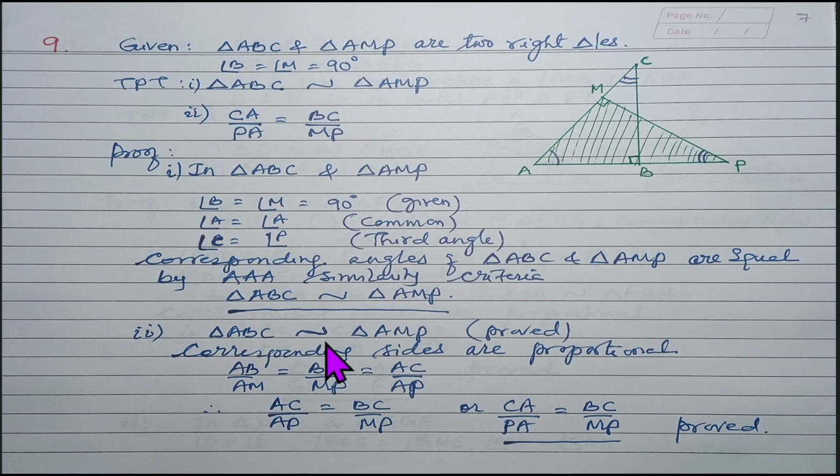Now triangle ABC is similar to triangle AMP, we have already proved here. Now corresponding sides are proportional, that means AB upon AM is equal to BC upon MP is equal to AC upon AP. Therefore AC upon AP is equal to BC upon MP, or CA by PA is equal to BC by MP, just by interchanging the letters: AC becomes CA, AP becomes PA.